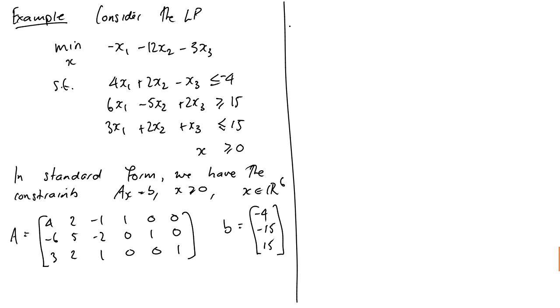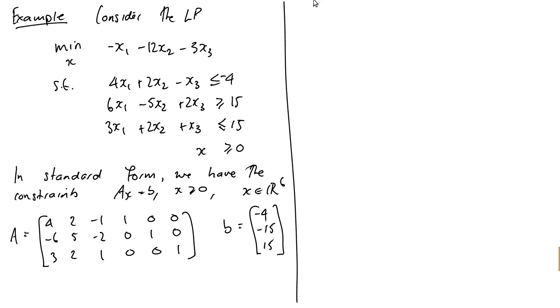So, the first thing you might try, the naive approach, is to try the last 3 variables being our basis. If we tried all slack basis, which is 4, 5, and 6, then our xB is just going to be b, and it's got some negative numbers in it, so it's not going to work.